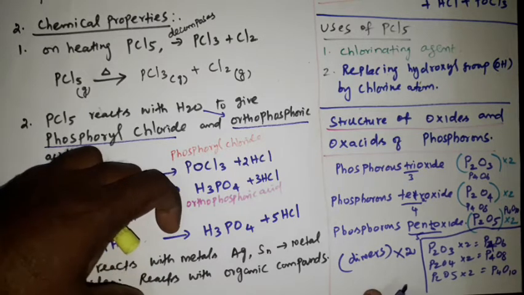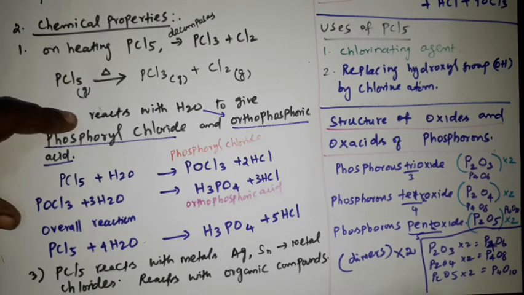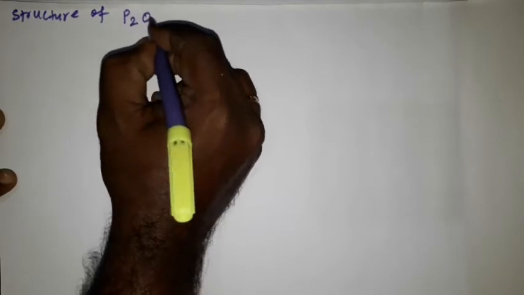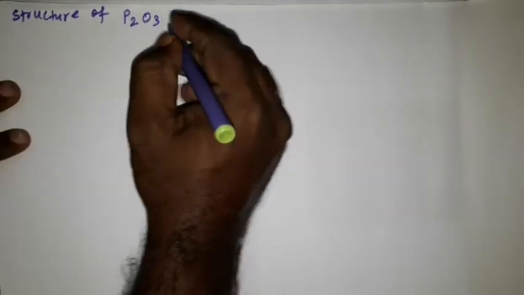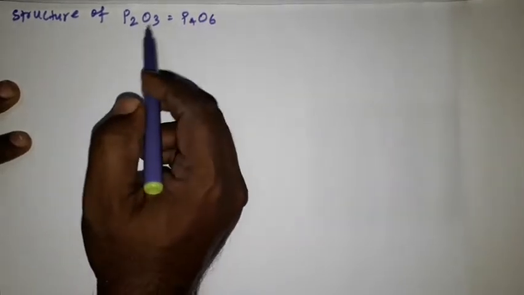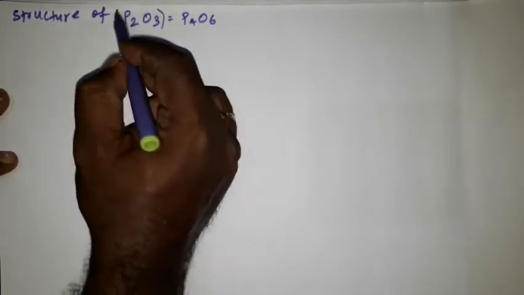Now we will see the structure of phosphorus trioxide, P2O3. We write P4O6 because this is a dimer.